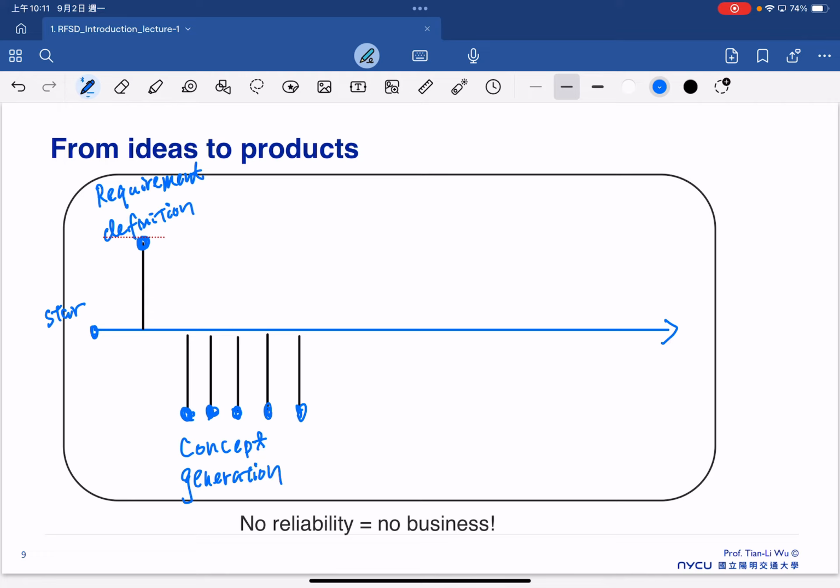And then we will start to do more research, because we want to eliminate some of the useless concepts. So you will start to do research for concept elimination.